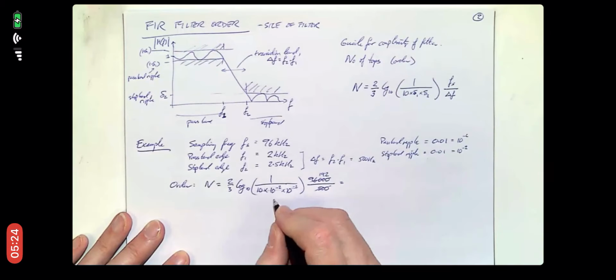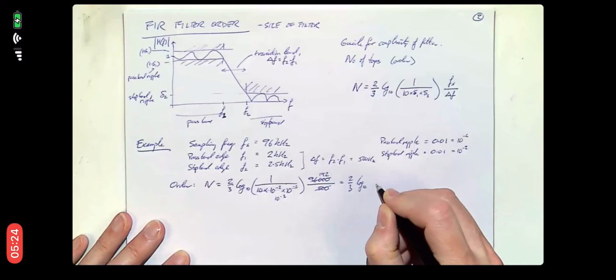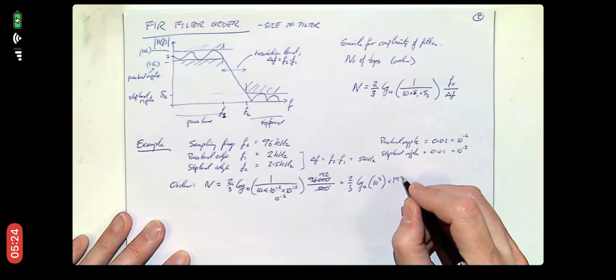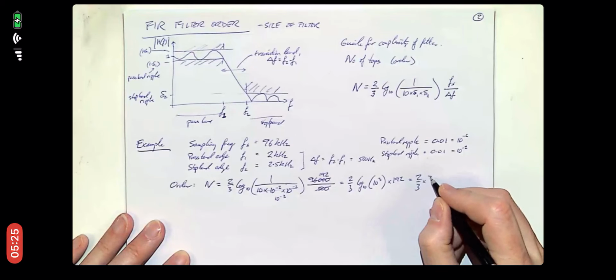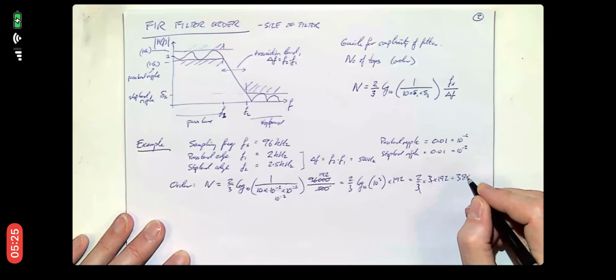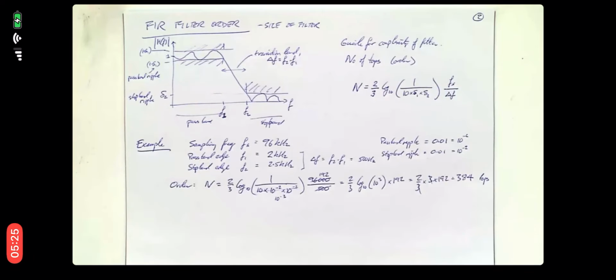This in the bottom is all 10 to the minus 3 in there. So actually that's 2/3 log to the base 10 of 10 to the 3 times 192, which is 2/3 times 3 times 192. That cancels, so that's 384 taps. That's a big filter. But actually, that's sort of typical for what you might want to build an FIR filter for. They can get that long.